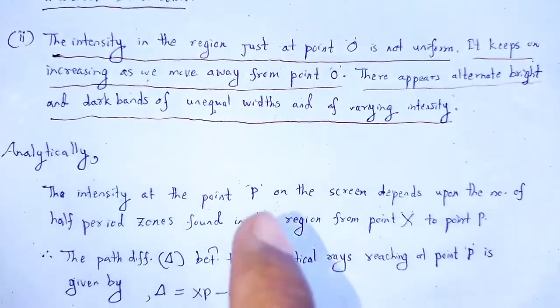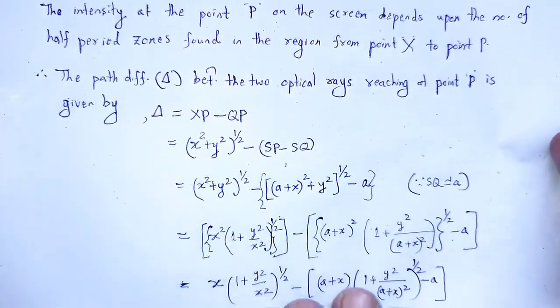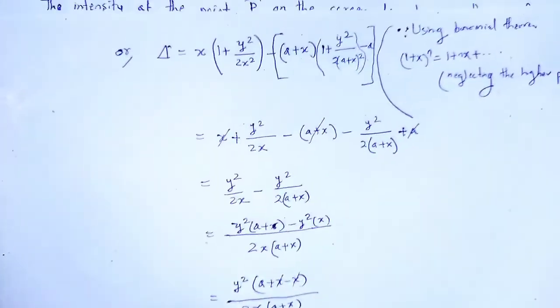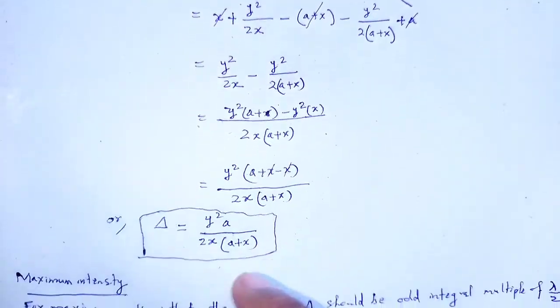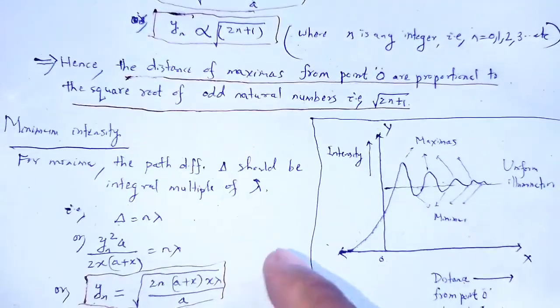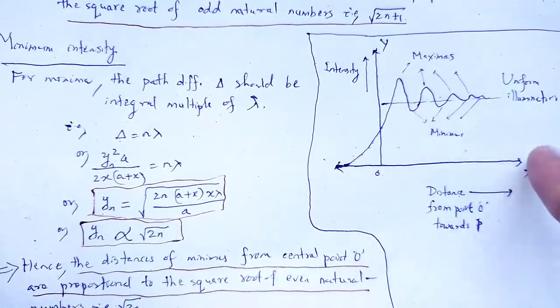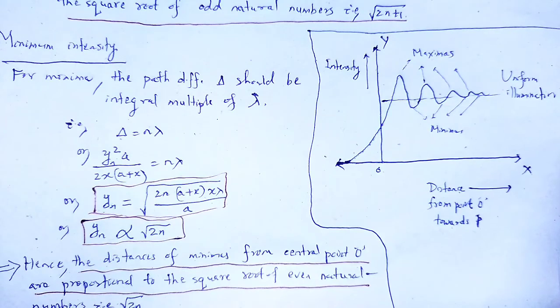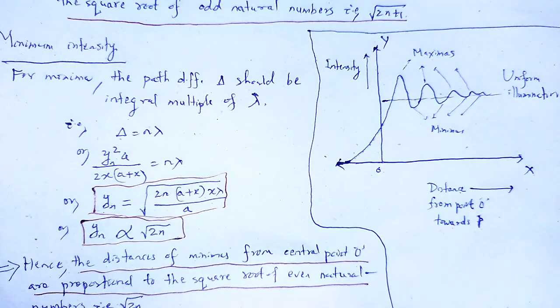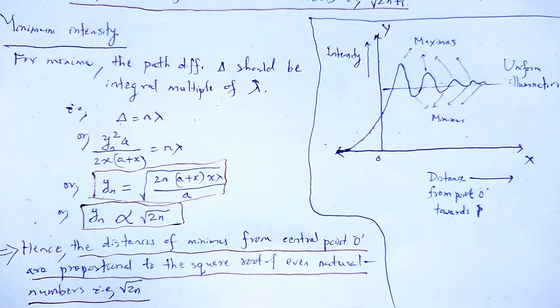Analytically, we show how the experimental results are found, calculating the path difference and the condition for maximum intensity and the condition for minimum intensity, and graphically show the intensity distribution due to the diffraction pattern we observe on the screen for a straight edge. So, with these useful and informative notes, let me wind up this session. Thank you.